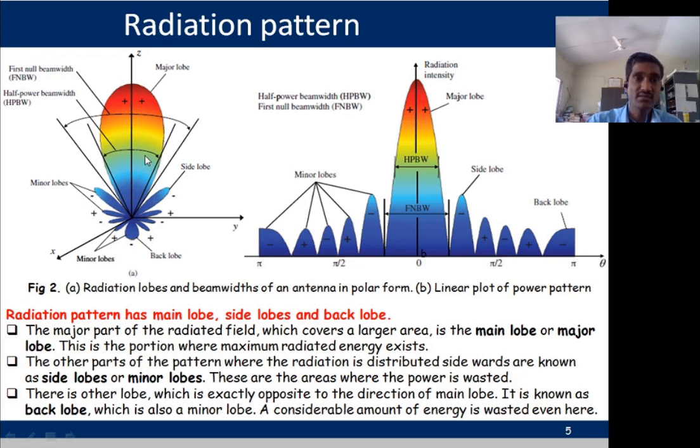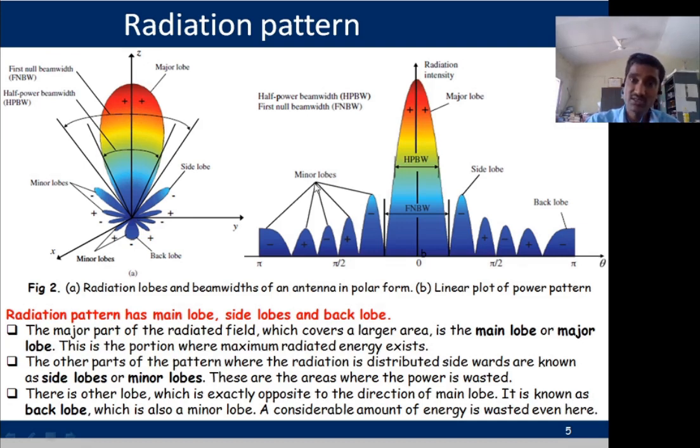And if you take the angular separation, if you take the angle, this is the half power beamwidth. At this point we are getting half of the radiated power, whatever energy is radiating. This half power beamwidth is often used to measure the directivity of the antenna.